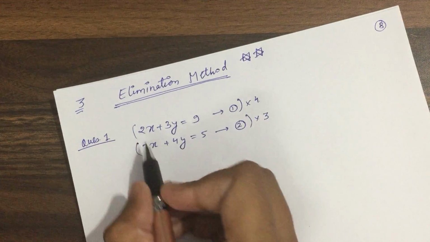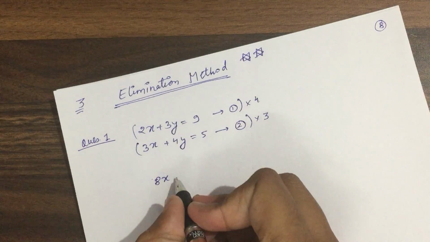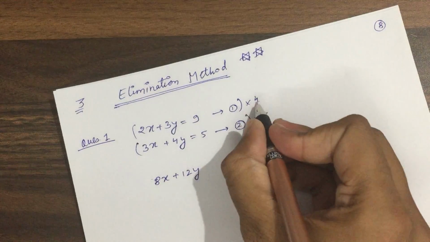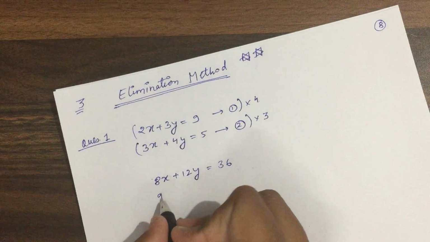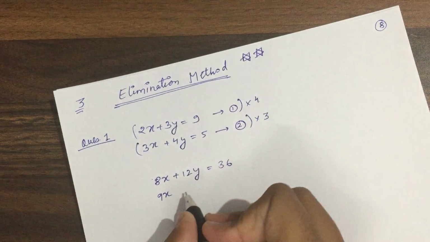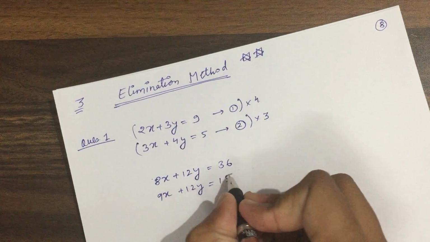So 4 into 2x, 8x, 4 into 3y, 12y, 9 into 4 equal to 36. Similarly, 3 into 3 is 9x, 3 into 4 is 12y, 5 into 3 is 15.